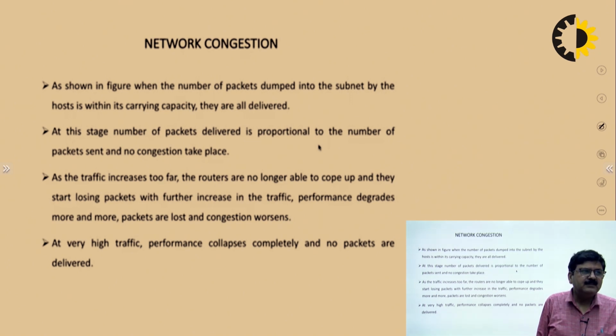As long as the number of packets dumped into the subnet by the host is within the carrying capacity, they are delivered. At this stage, the number of packets delivered is proportional to the number of packets sent, and no congestion takes place. As the traffic increases, routers are no longer able to cope and packets are lost, and performance degrades further at very high traffic.